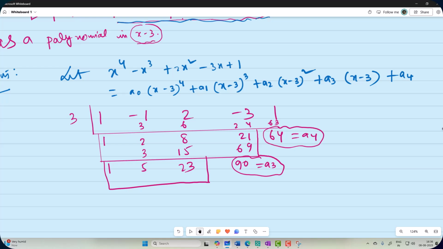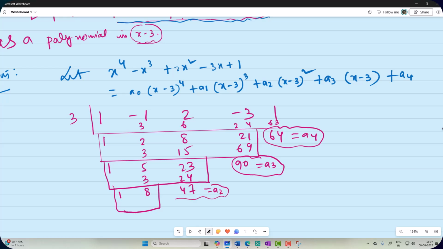Then apply synthetic division again. This 1 you take down. 1 into 3 is 3. This is 8. 24 and then finally 47. This 47 stands for what? That coefficient. That is A2.